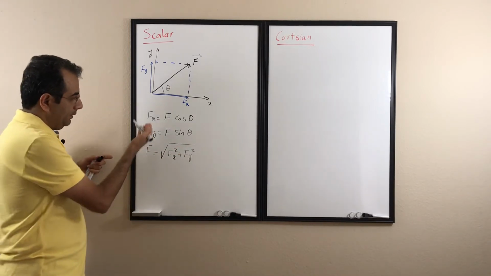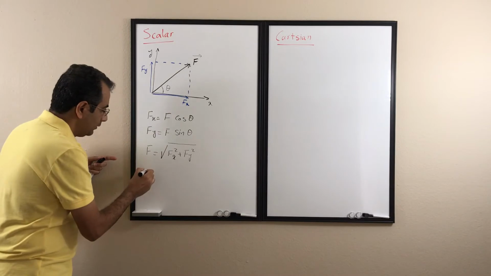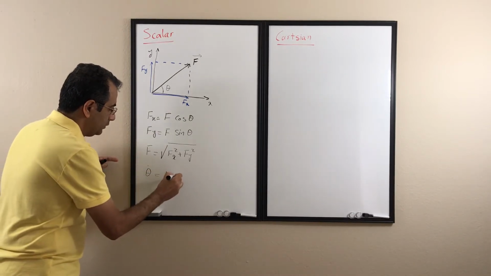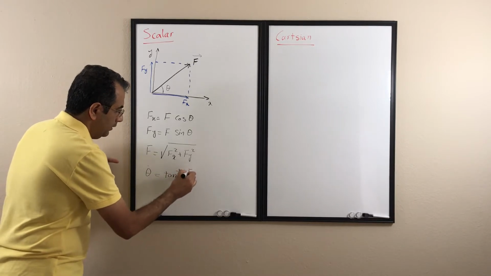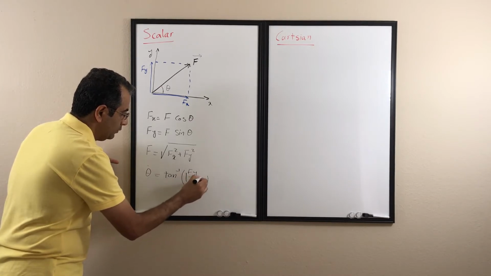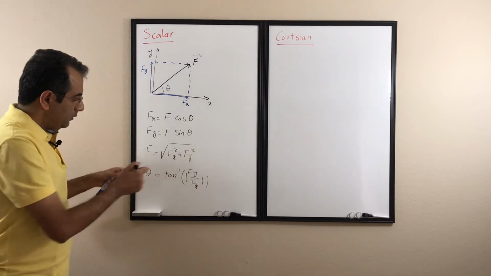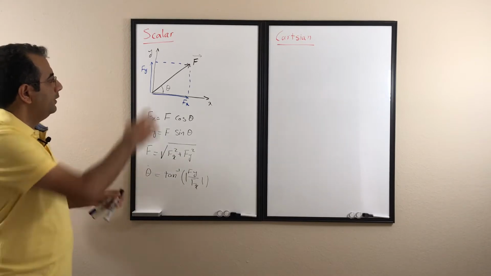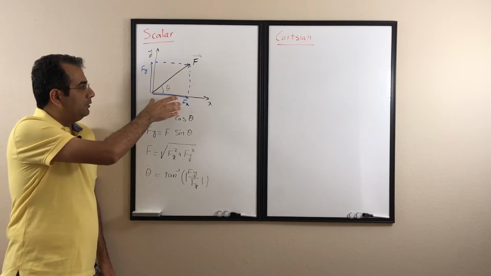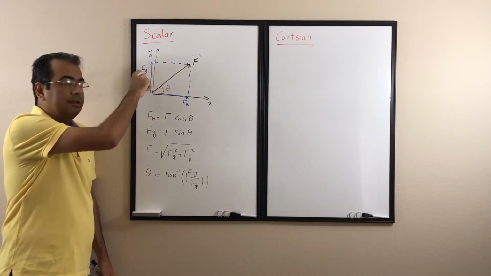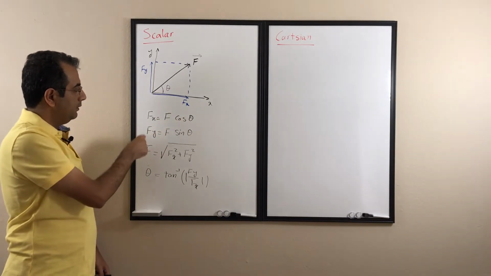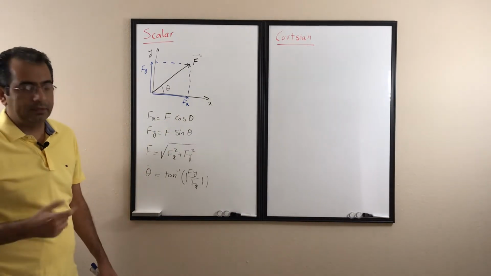And if we have Fx and Fy and want to calculate theta, it is tangent inverse of Fy over Fx, absolute value of that. So this is how we write the vector in scalar notation. We just bring down the component in the x direction, which is F cosine theta, and the component in the y direction, which is F sine theta.